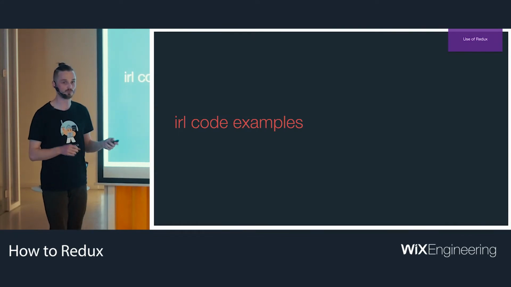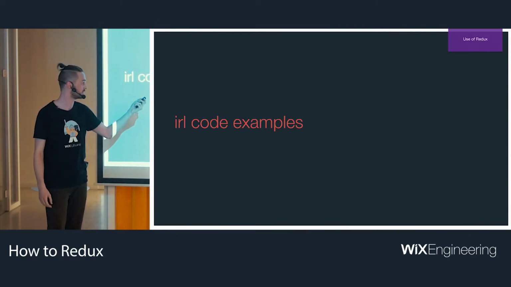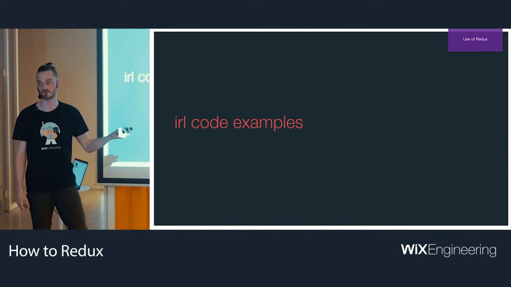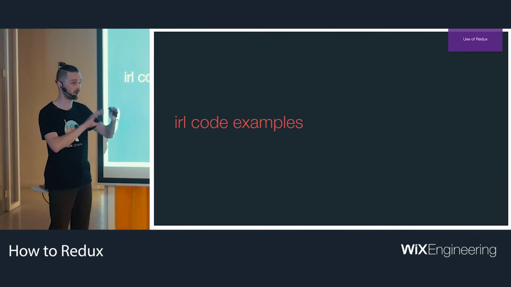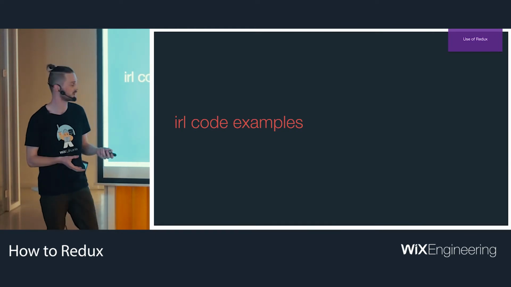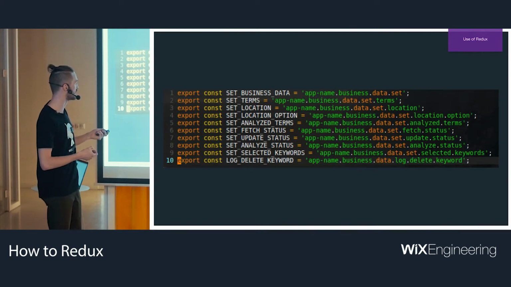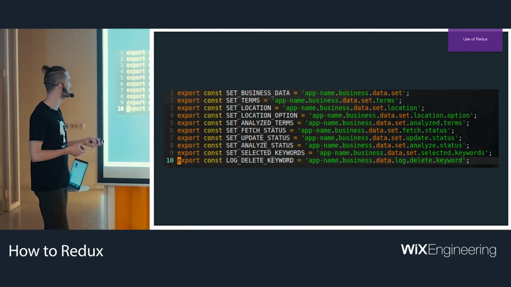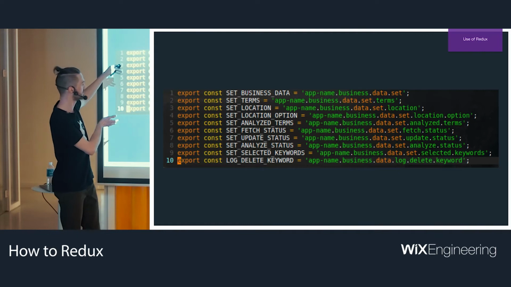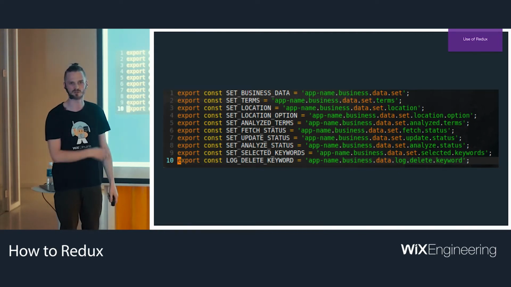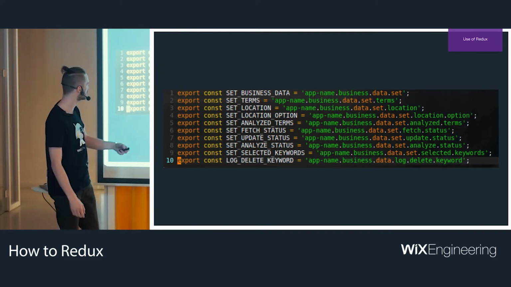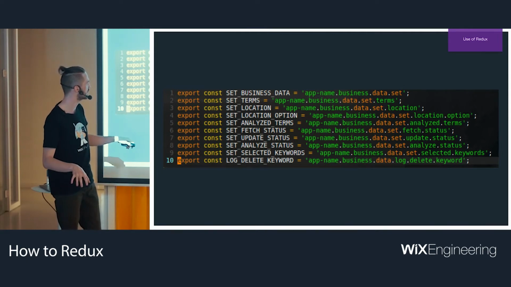So let's look at some real life code examples, because I wrote these just to showcase and outline how the structure of Redux looks. These are real life examples of the code that I've seen. This is just a section of action types, somewhere in some file, so it's imported a bunch of times in other files.